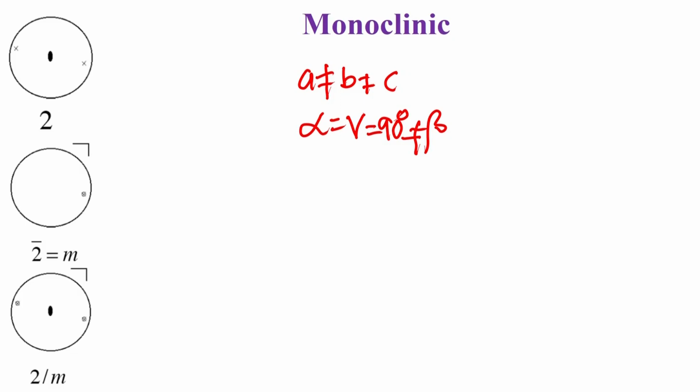That means the two-fold axis, which I will show you in a second, is now along the B direction, and this is known as the unique axis in a monoclinic system. So, this is referred to as the unique axis.